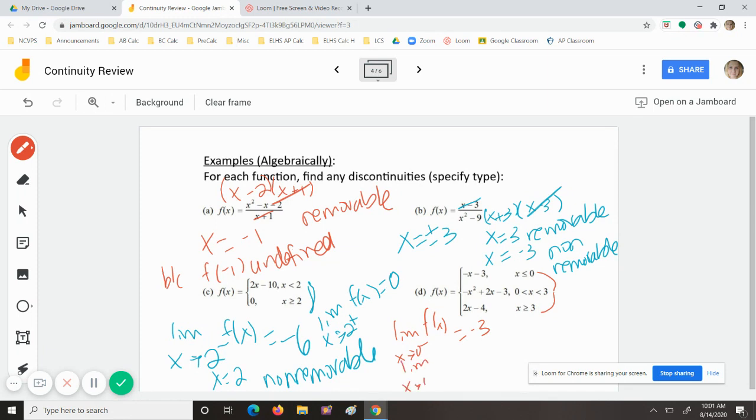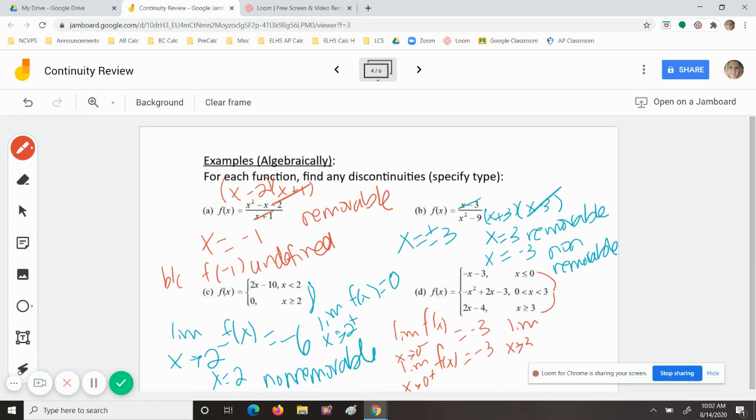Limit as x approaches 0 from the right is going to be using this equation when x is greater than 0, so that's going to give us -3. So we can tell all conditions are met. At 0, our function is continuous. We have a defined point of -3, and then our limit exists, and it is equal to -3, so we are continuous.